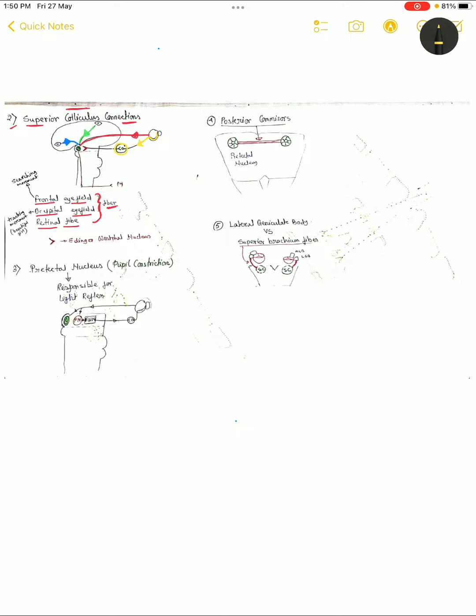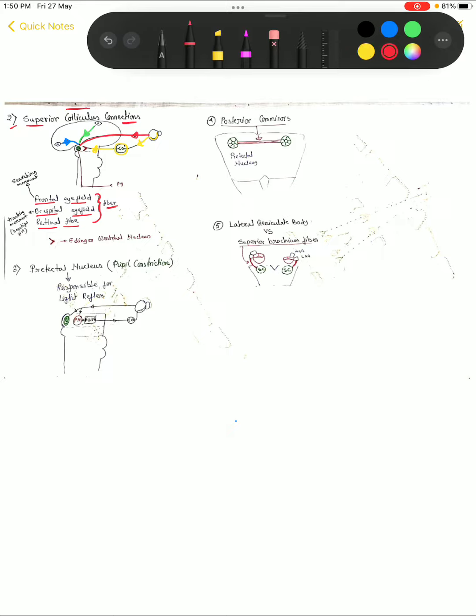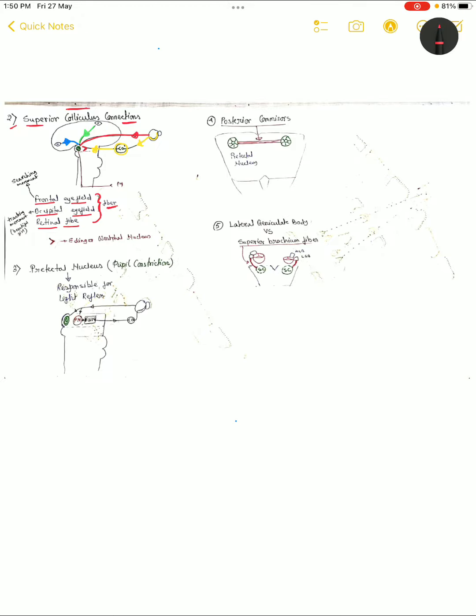Then the second order fiber is coming like this and attaching to a particular nucleus. And this nucleus is located at the level of superior colliculus, and it is known as our Edinger-Westphal nucleus. Okay, Edinger-Westphal nucleus, which has some parasympathetic activity.